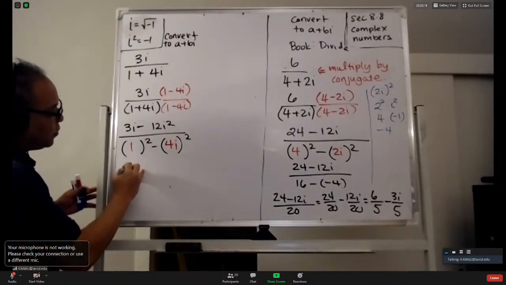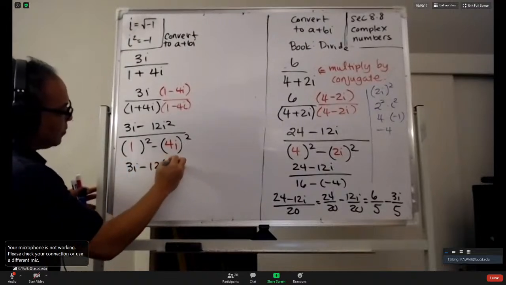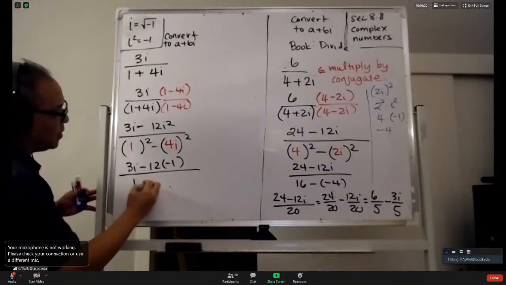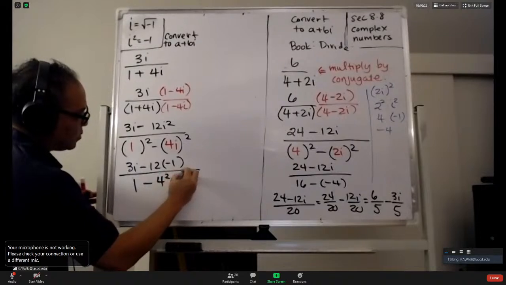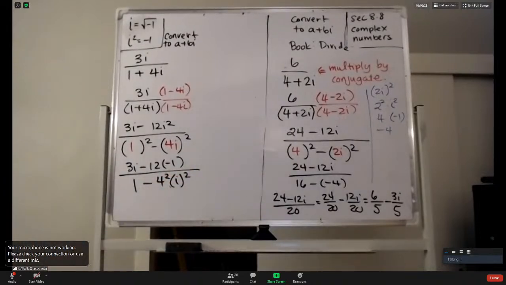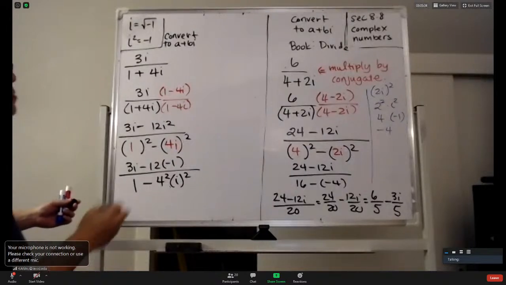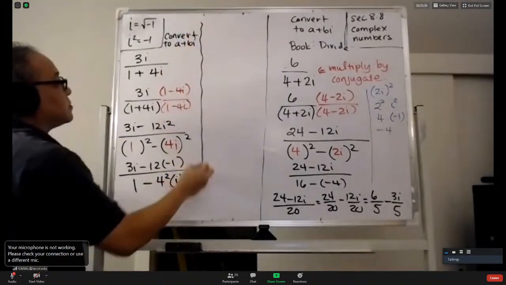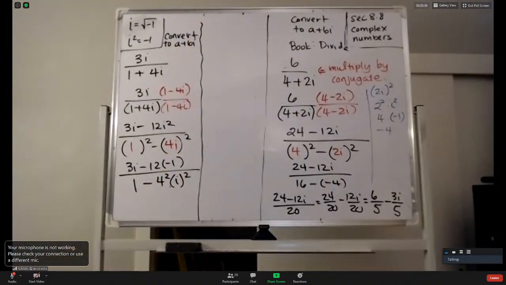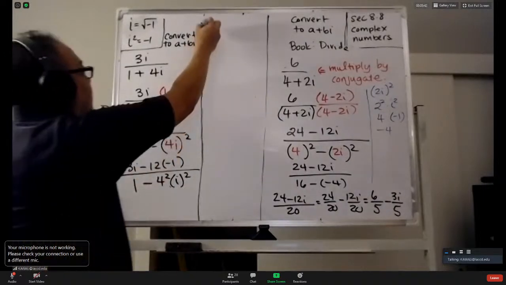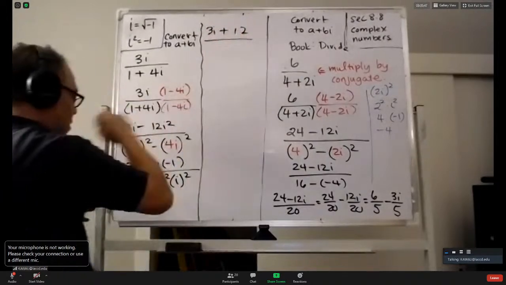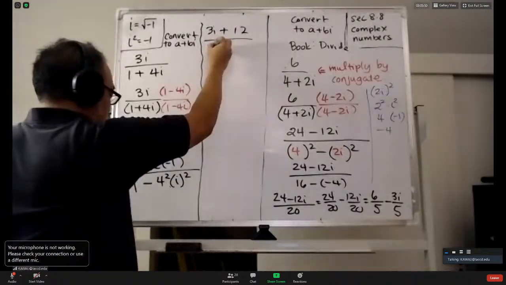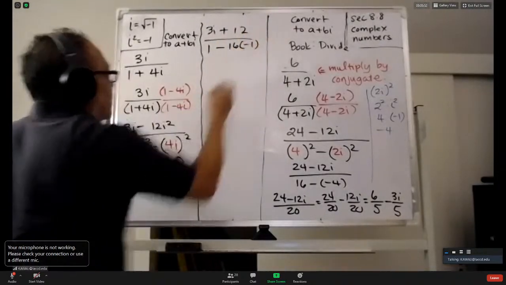So we have 3i minus 12 times negative 1 over 1 minus 4 squared i squared. So we have 3i plus 12 over 1 minus 16 times negative 1.